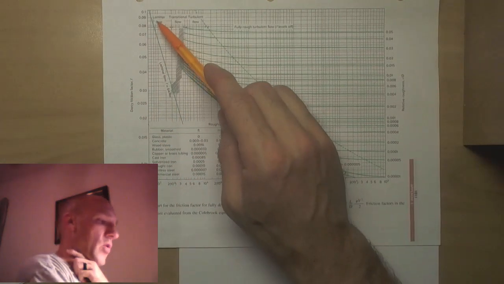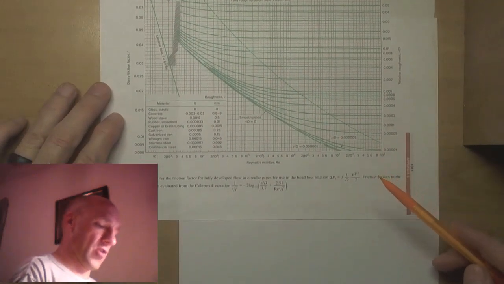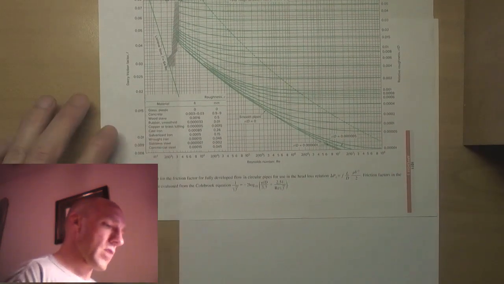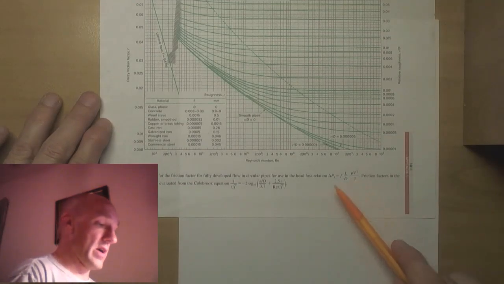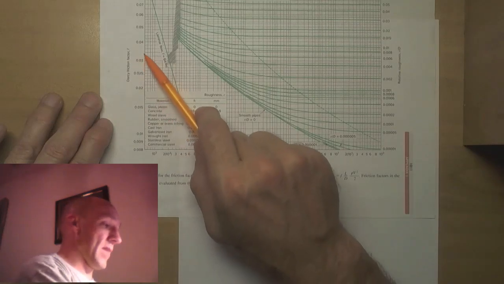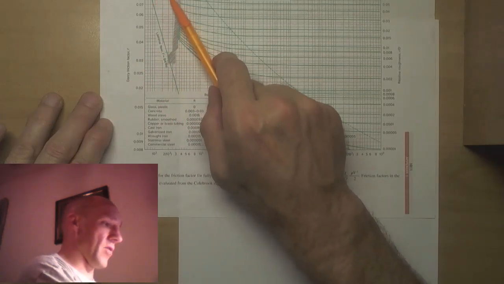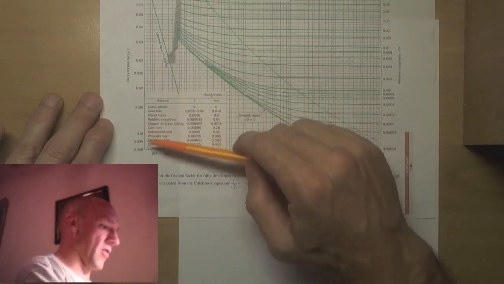There's actually a lot of information on this chart. You have the formula for the pressure drop that we just went over. You have that Colebrook equation. And then you also have the transition from laminar to turbulent flow. All that is illustrated on the top as a function of the Reynolds number.